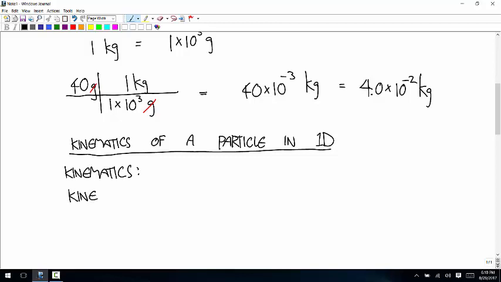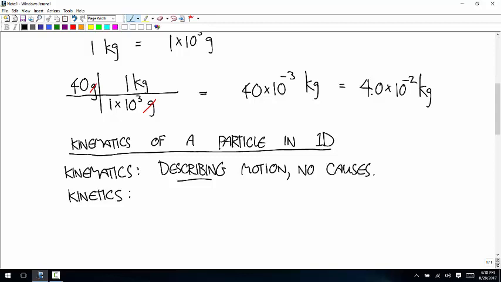But here's what they mean. Kinematics means you're describing motion, and you're not dealing with any of the causes of the motion. You could also think of it as all stuff that you could figure out from watching a detailed videotape of something.